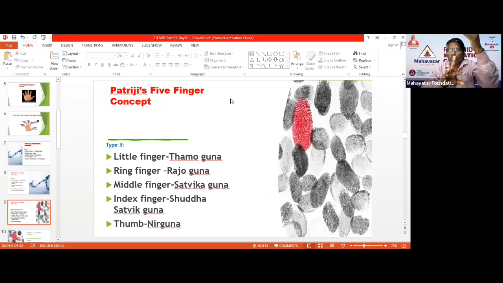By doing more and more meditation, friends, you will come out of tamoguna, you will enter rajoguna, you will again come out of rajoguna, and then you get sattvika guna. Meditation is definitely mandatory. When you continue the practice of meditation, not only sattvika guna, but suddha sattvika guna. What is suddha sattvika guna?